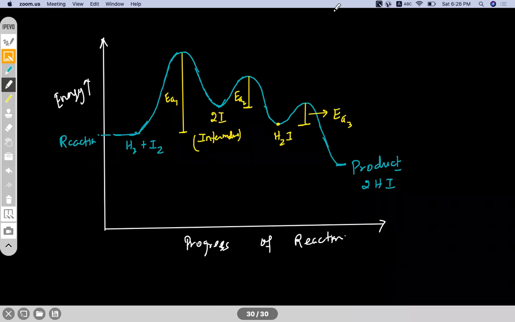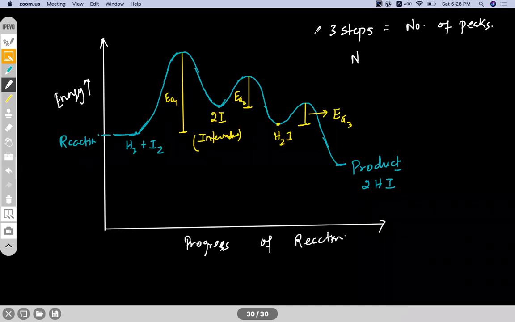The number of steps equals the number of peaks we get in the graph. Number of peaks, first thing.